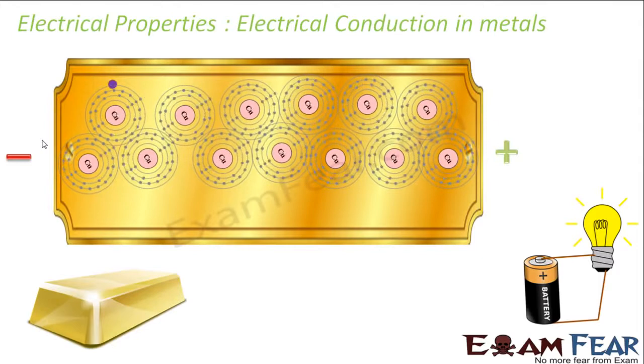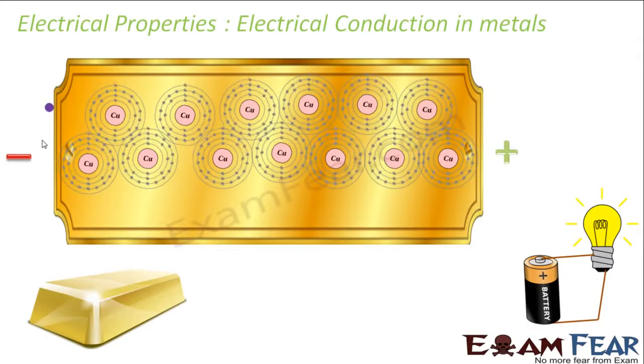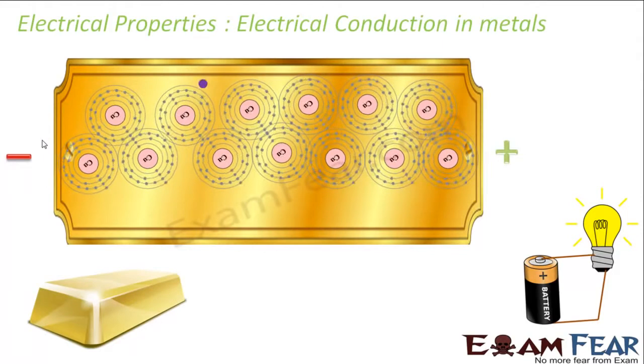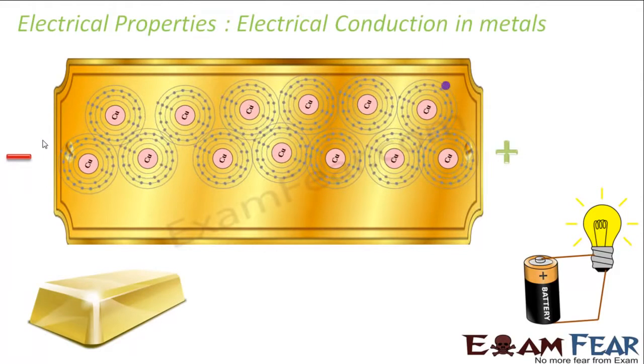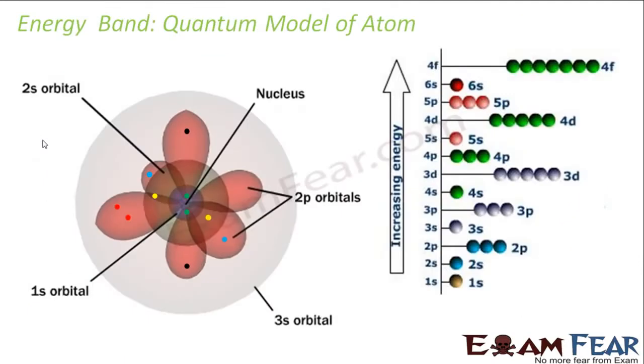Now the question is, why does it work fine in the case of copper but not in the case of wood? There has to be some reason, right? To understand the conductivity, let's go into the quantum world.